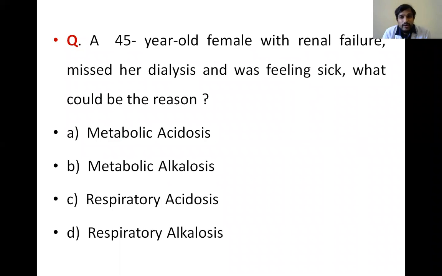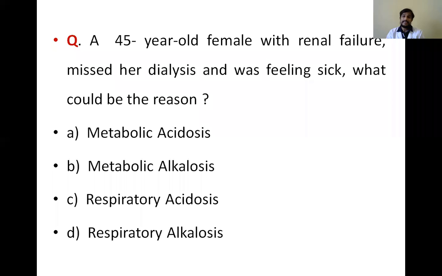A 45-year-old female with renal failure missed her dialysis and was feeling sick. What could be the reason? You have completed renal failure and also the metabolic disorders, so you can understand this. In renal failure, the excretion of different acids is affected, and the reabsorption of bicarbonate ions is also affected.